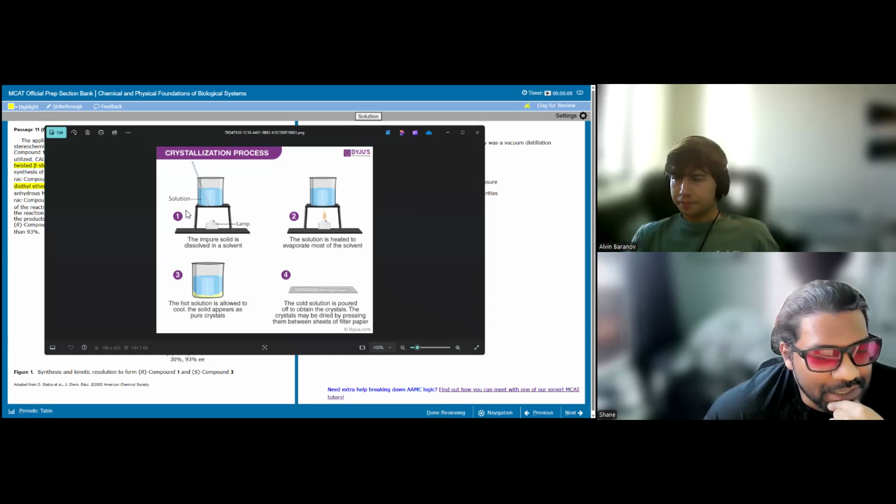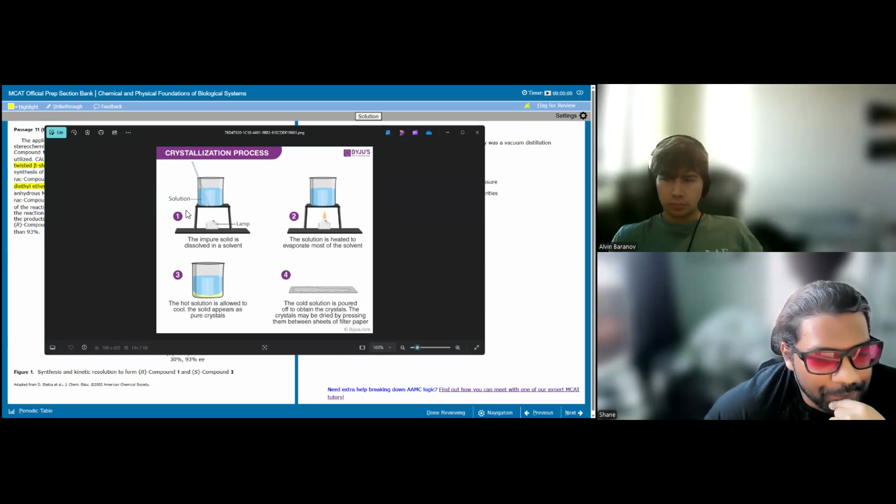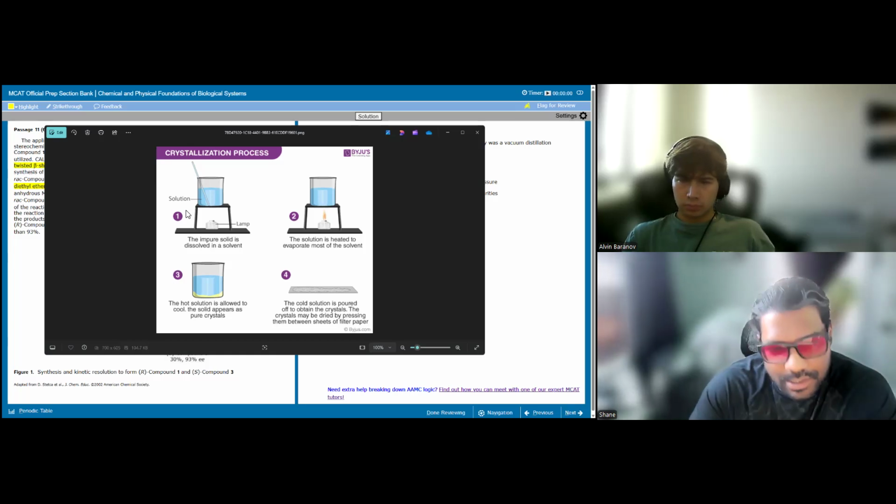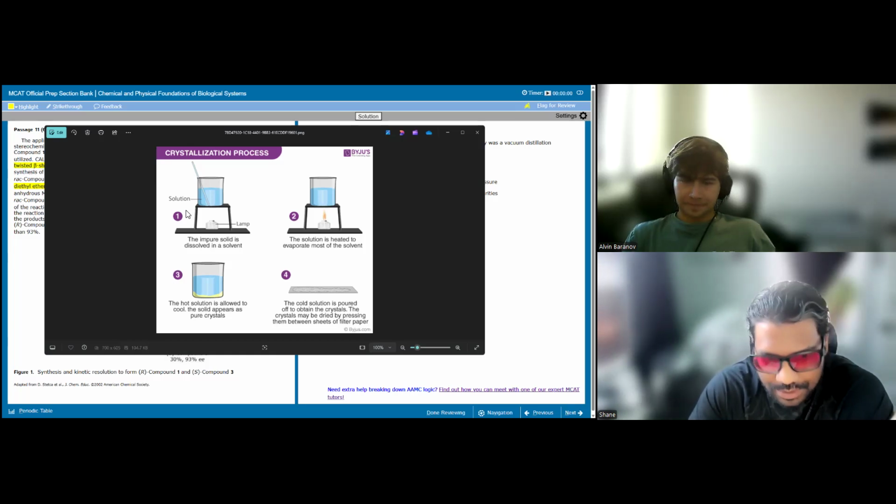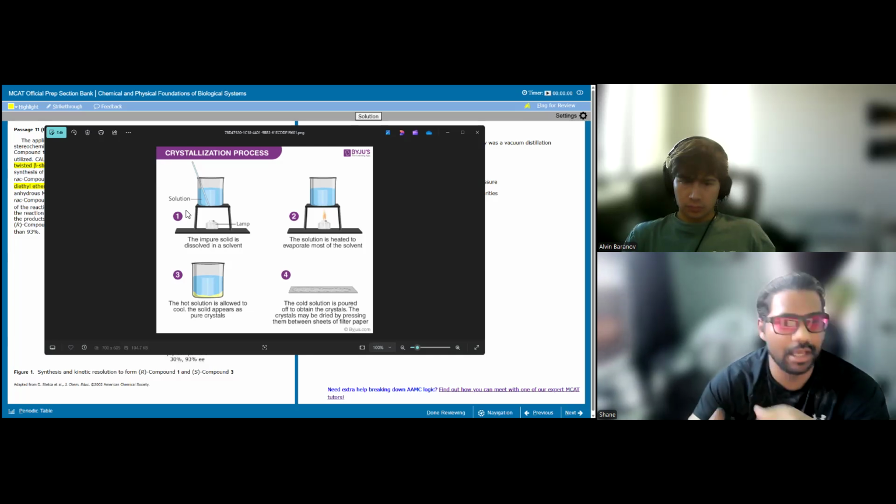Solution, it's impure. Well, I guess this is technically crystallization. Recrystallization is going to be starting with the crystal and then doing this again.